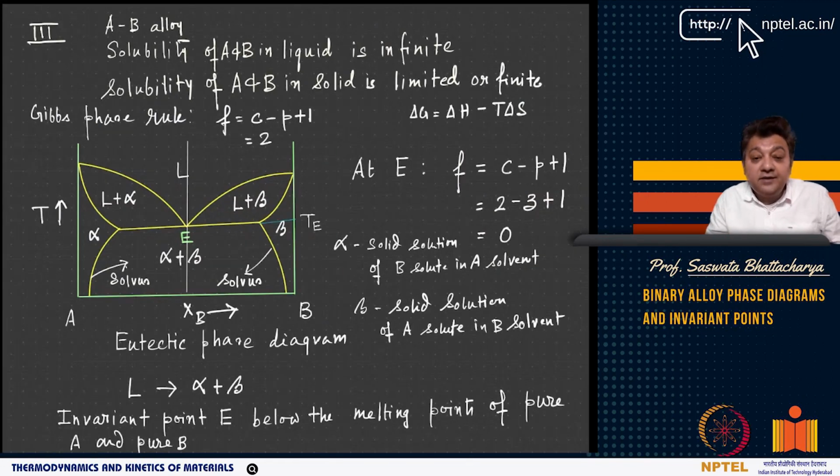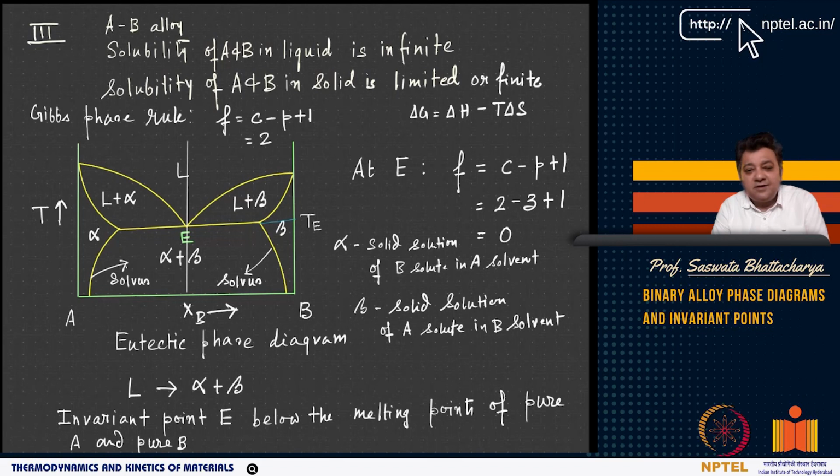Okay, now we have done this. Now we'll go back to the types of phase diagrams. We have looked at phase diagrams of type 1, where there was infinite solubility of A and B in the liquid, or basically, they were completely soluble.